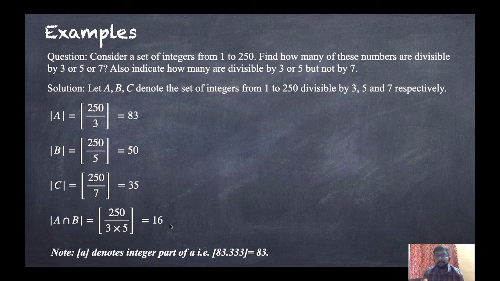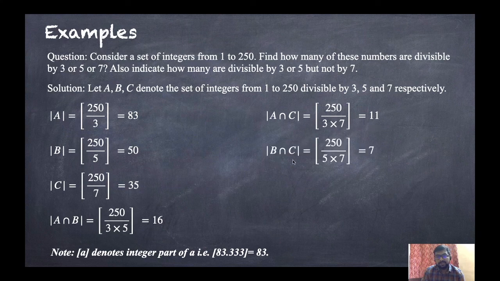Out of 250 numbers, 16 numbers are divisible by both 3 and 5. In the same way, A intersection C will be 250 by 3 into 7, so 250 by 21, that is 11. Now B intersection C, that is 250 by 5 into 7, that is 7.